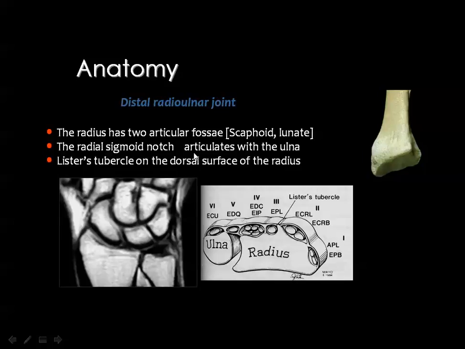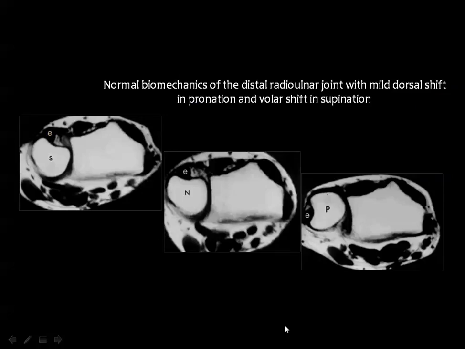The sigmoid notch articulates with the ulna, and anyone who palpates the dorsum of his wrist will feel this bony projection, which is known as Lister's tubercle on the dorsal surface of the radius. This tubercle is important in anatomy because it is considered an anatomic landmark for this tendon and these tendons as well. I will discuss this in a moment.